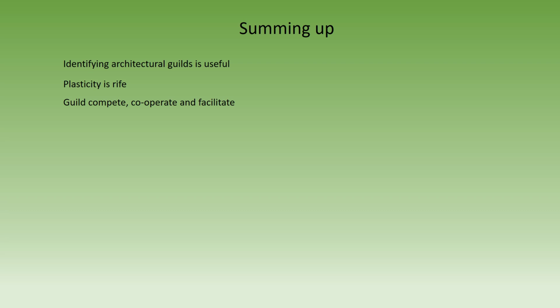Guilds or architectural types compete, cooperate, and facilitate. So hedge formers are outcompeted by lateral growers. Lateral growers are outcompeted by vertical growers. But also within guilds there's a great deal of cooperation.